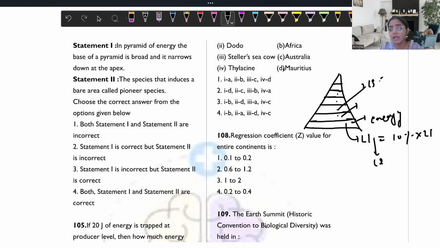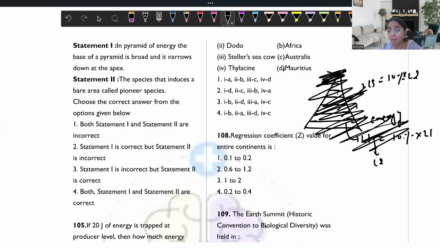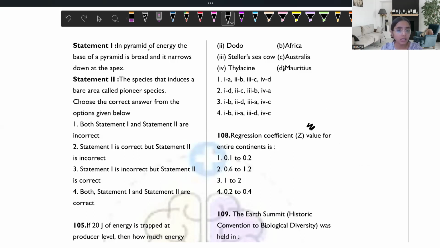It will be 10% of the energy present at level 2. Understood? So that is how the pyramid of energy is broad at the base and narrow at the apex, because in the subsequent levels the amount of energy present is decreasing as the energy is consumed by the organisms at that level. I hope it is clear to all of you.